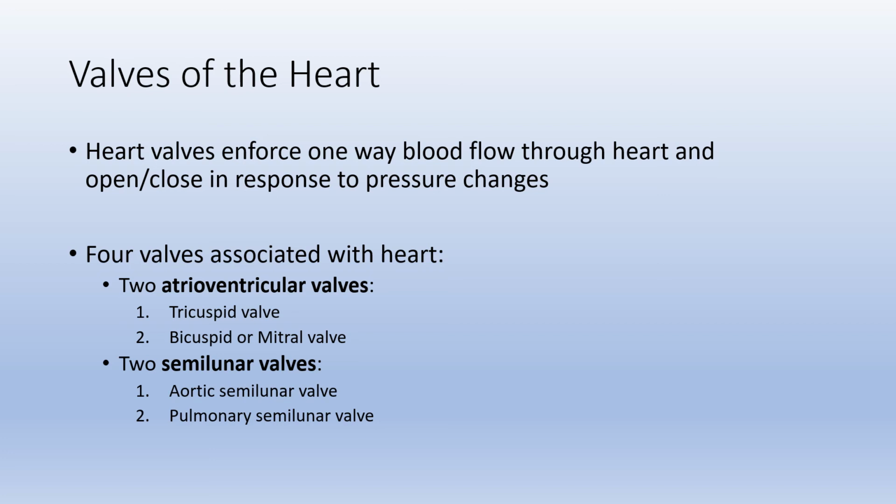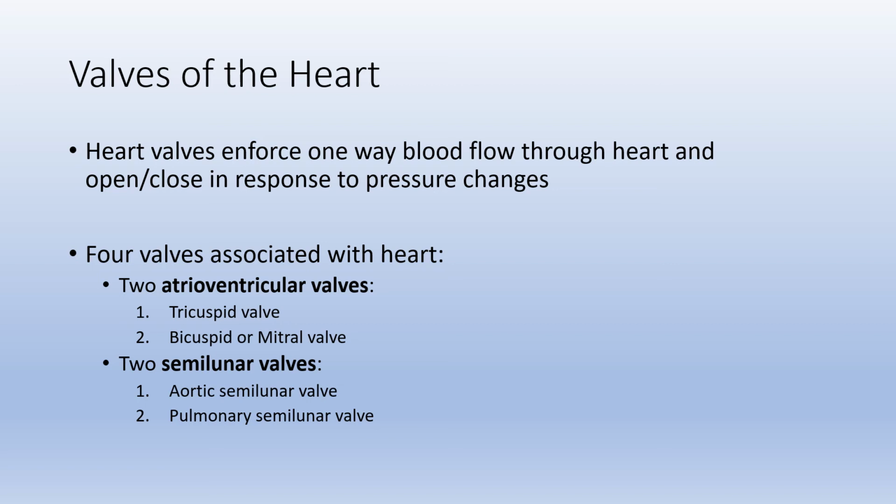The other 2 valves of the heart are known as semilunar valves, and they're named semilunar because their cusps, or the little doors, are shaped like half moons. The first is the aortic semilunar valve. This is found between the left ventricle and the aorta, or the largest artery in the body.